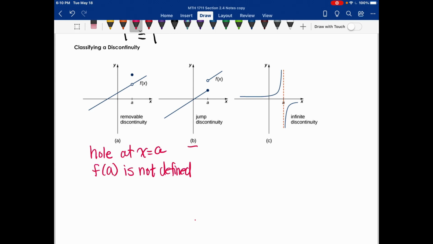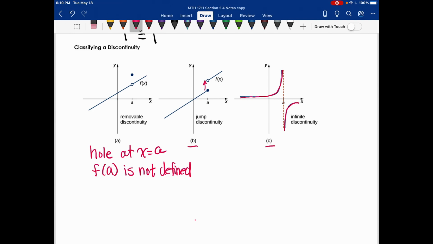Now, for B and C, these are both examples of discontinuities where pieces of the function do not line up. So there's a jump here, but if I were to trace this one, there's also a jump from here to here.